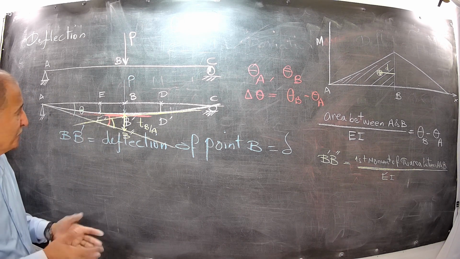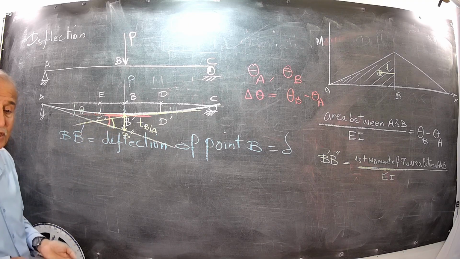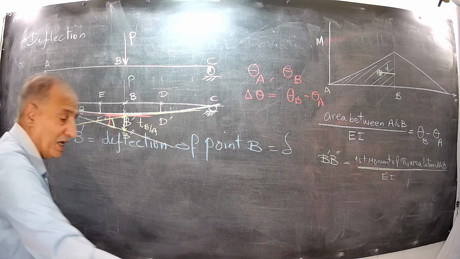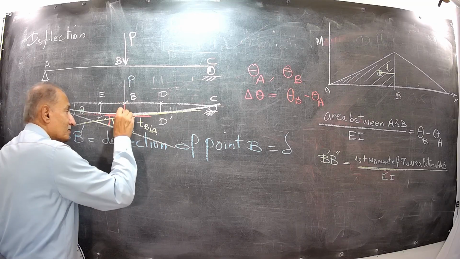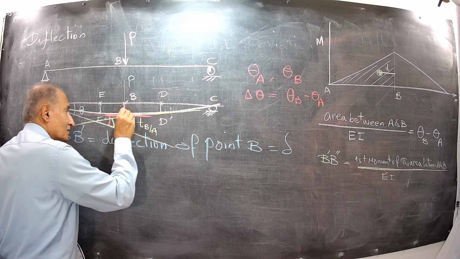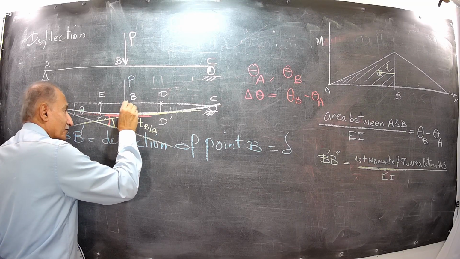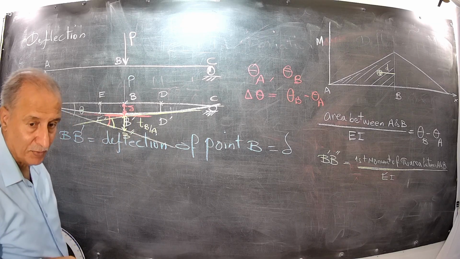Then, what's the relation between this amount and deflection at B? Deflection at B is how much? It's this much. That's the deflection at B.